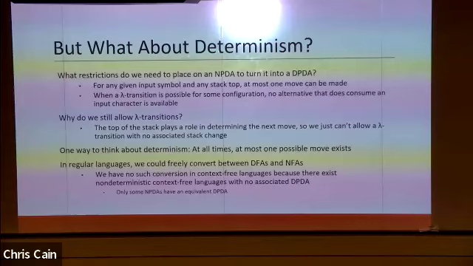So only some NPDAs have an equivalent DPDA, and we're out of time, so we're going to come back tomorrow and give you some examples of DPDAs, as well as some languages that don't have an associated DPDA, to try to get at why these aren't equivalent. We'll try to understand intuitively, given an NPDA, why can't we just convert it into a DPDA, or what kinds of languages have that restriction.